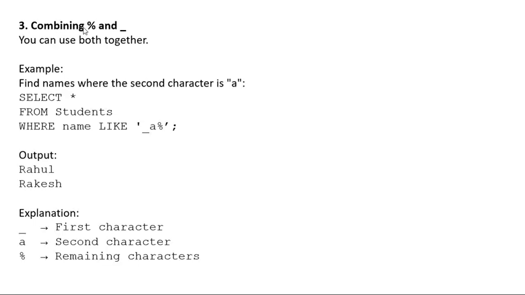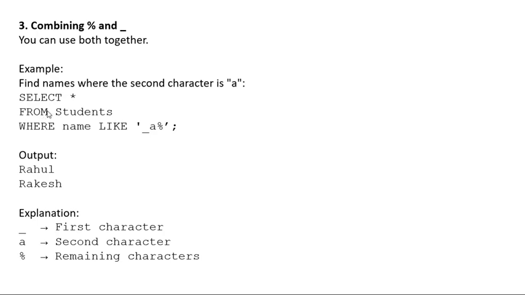Third is combining the percentage and underscore. You can use both together. For example, find the names where the second character is a.